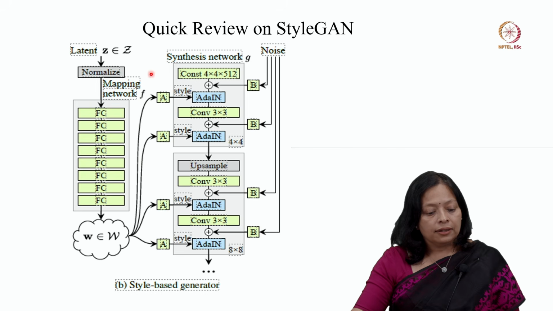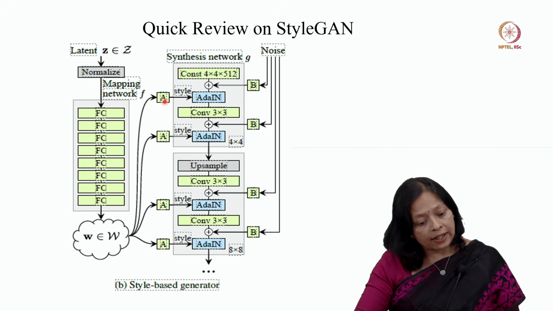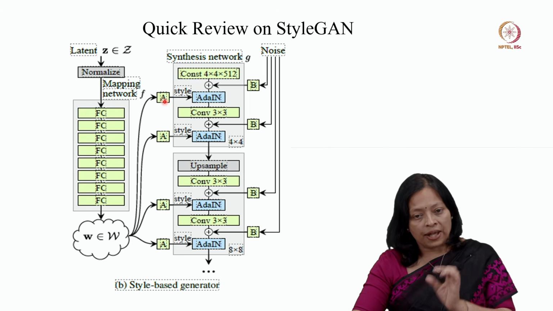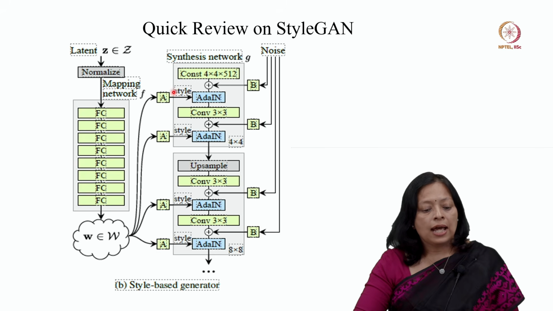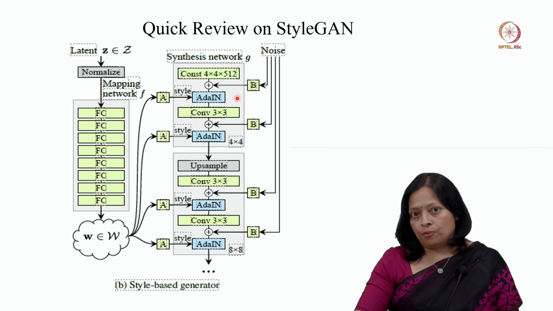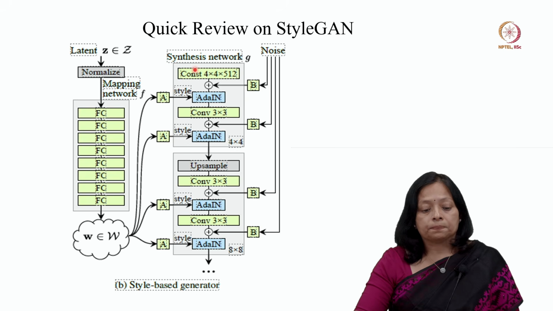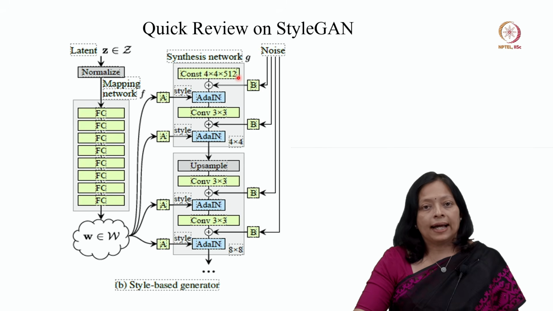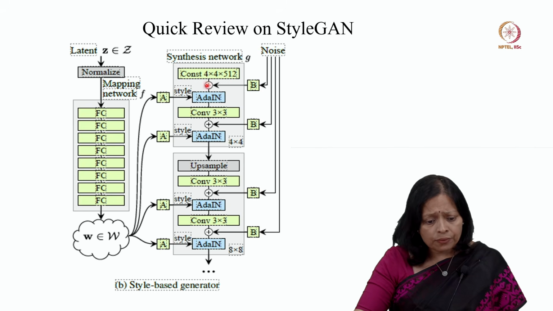Then that goes through the learned affine transformation, which gives style parameters like the scaling and the shift, and these go as input to the AdaIN operation. In the synthesis network, the synthesis starts from a learned constant tensor of size 4 cross 4 cross 512, and that is the input.